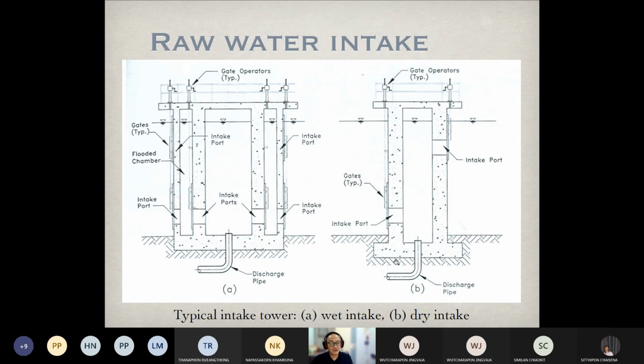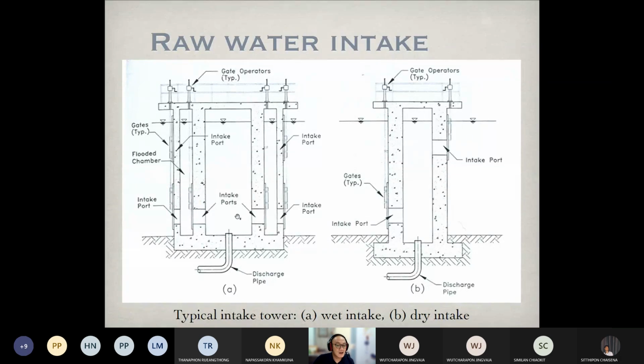If we go for the dry intake, we may have to use a very heavy structure. If we have problems with the geographical conditions, sometimes we cannot build a heavy or strong foundation under the soil. We may use this method instead.